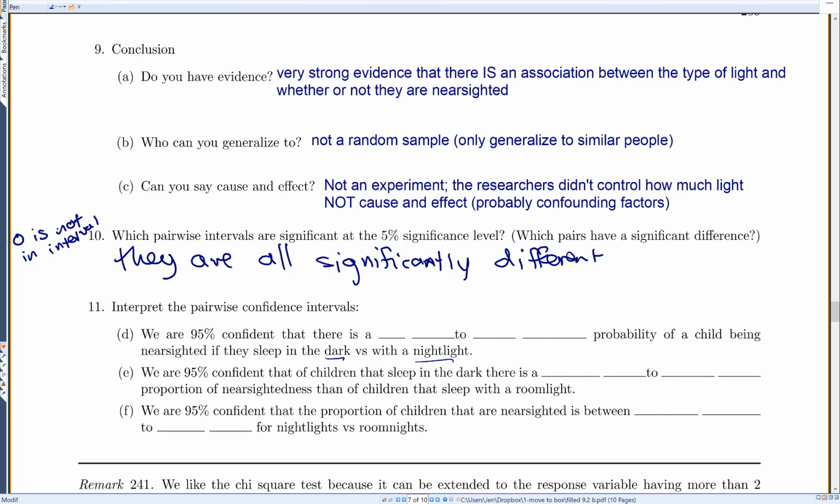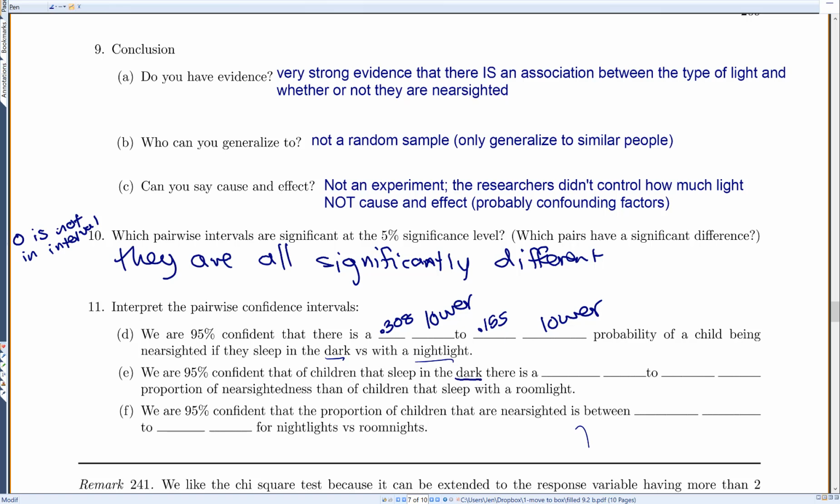So the first one says, we are 95% confident that there is a 0.308 to 0.155 lower probability of a child being nearsighted if they sleep in the dark versus with a nightlight.